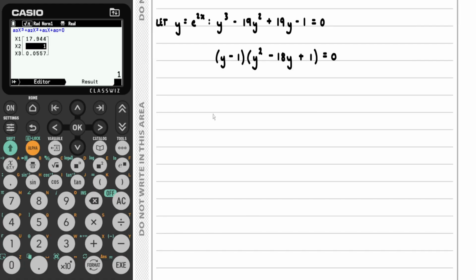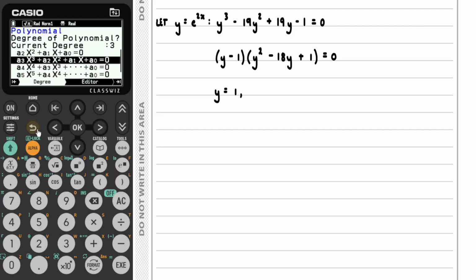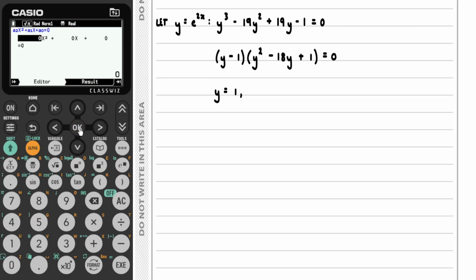We now need to solve for y. Well, if we have y subtract 1 equaling 0, that means y will equal 1. Now, we have to also solve y squared subtract 18y plus 1 equals 0. And we can do this using our calculator. We have a polynomial of degree 2.